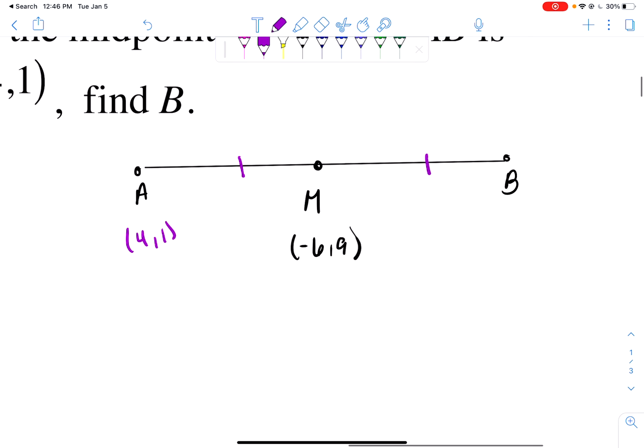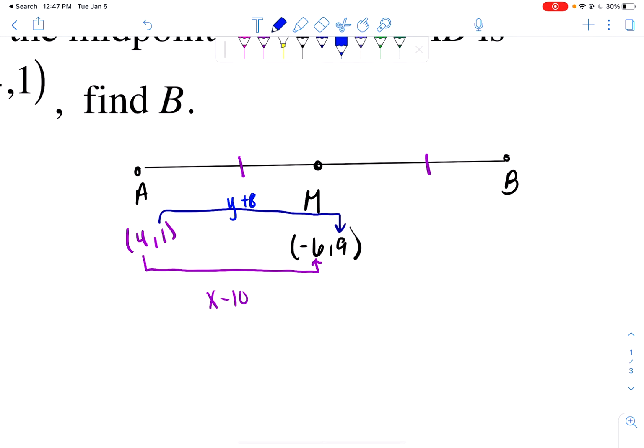So I have to ask myself, how do I get from 4 to -6? Well, to get from 4 to -6, I have to take away 10. And then to go from 1 to 9, I have to go plus 8. So I'm going to do that rule again.